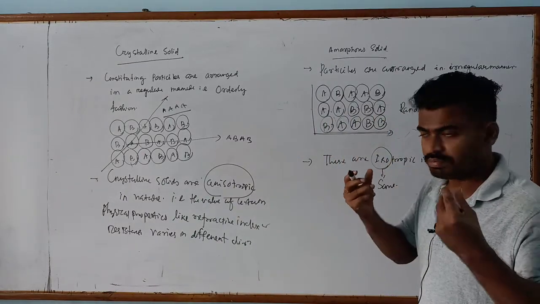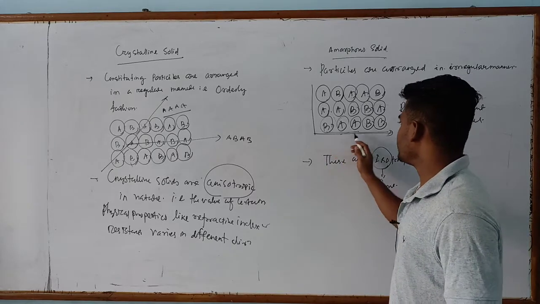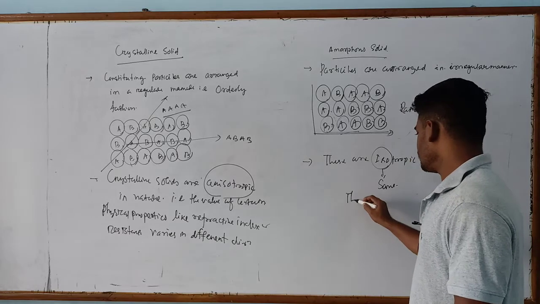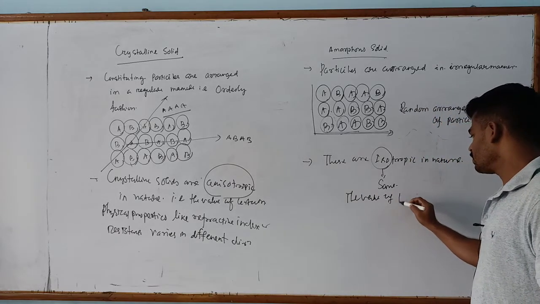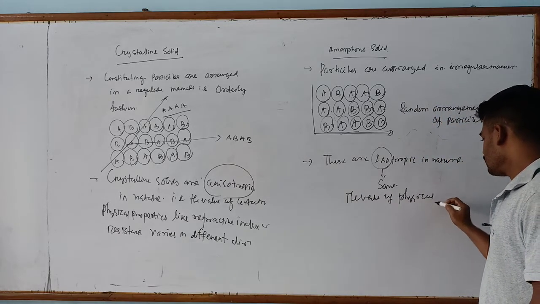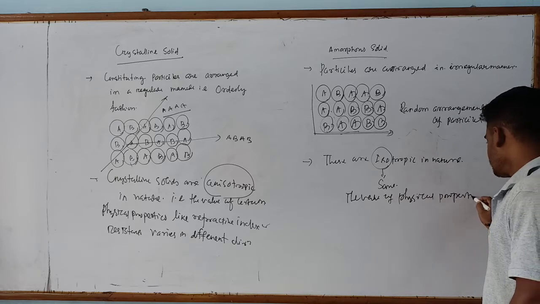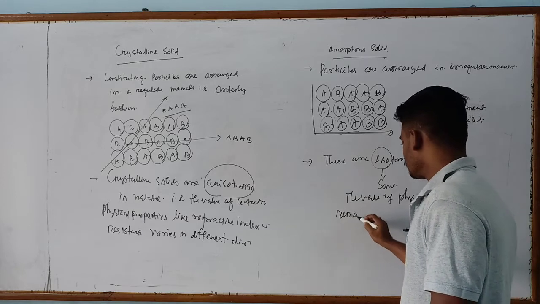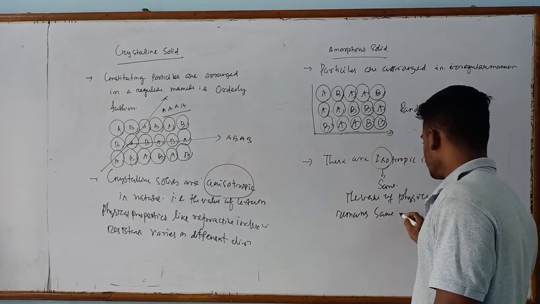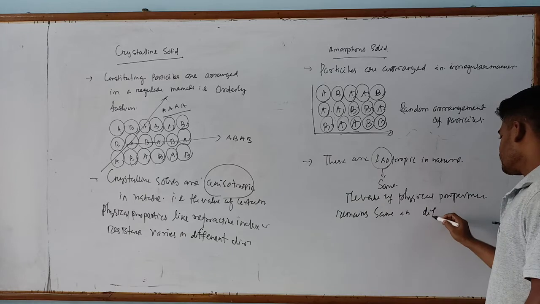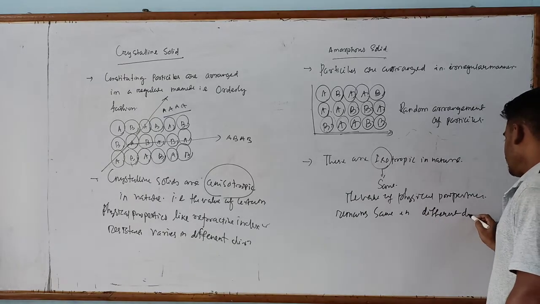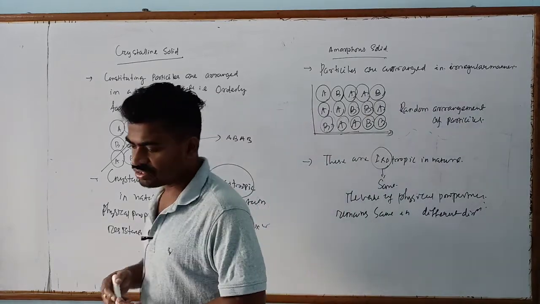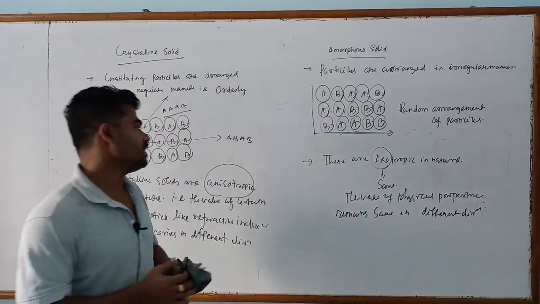What we assume over here is that in every direction the values of physical properties, like refractive index, resistance, remain the same in different directions. This is called the anisotropic and isotropic nature of crystalline and amorphous solids.